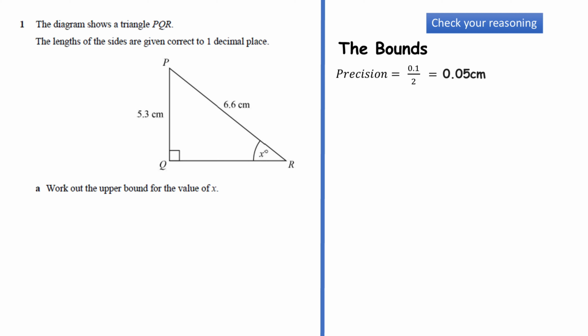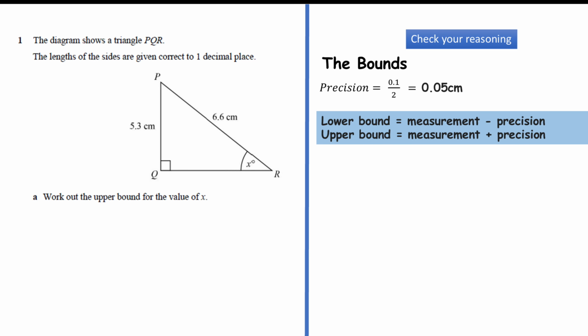This is because if the lengths are measured to 1 decimal place, it means that the measurements are rounded off at the 0.1 place value. It's only by dividing 0.1 by 2 that you get 0.05 centimeters. Now the precision of each measurement would be plus or minus 0.05 centimeters.